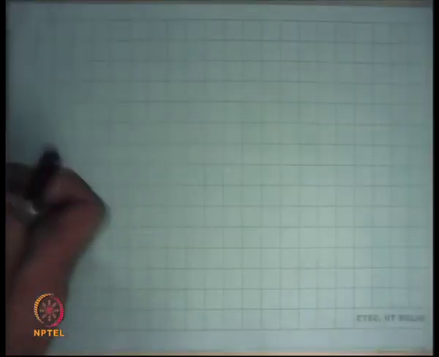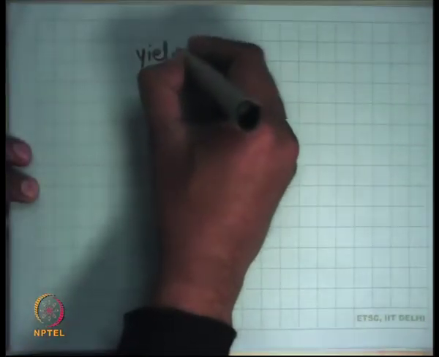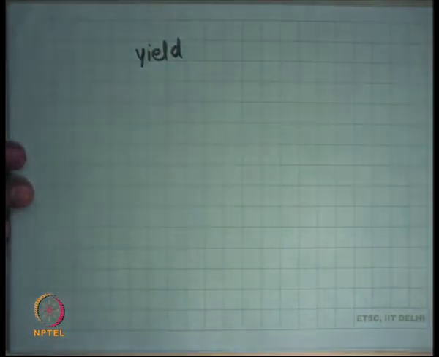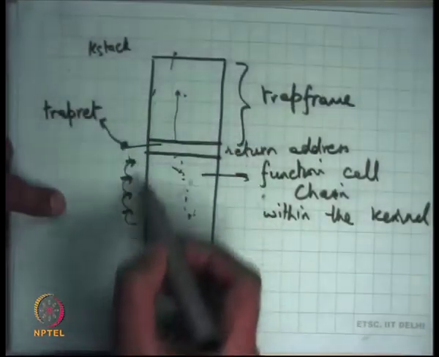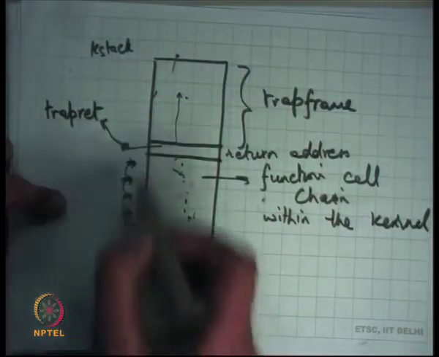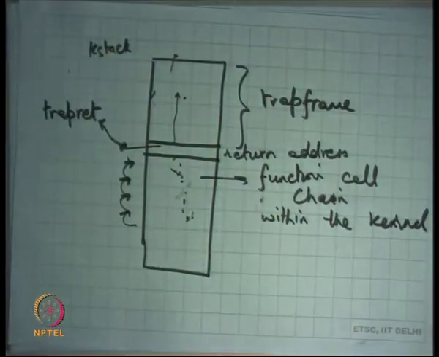So let's say a function wanted to call the yield system call, right. So far we have seen a system call that winds the K stack and then unwinds the K stack and then returns to the user mode. But the yield system call is a call which requires you to switch the process, right. It's basically saying I don't want to run anymore, let somebody else run, right.